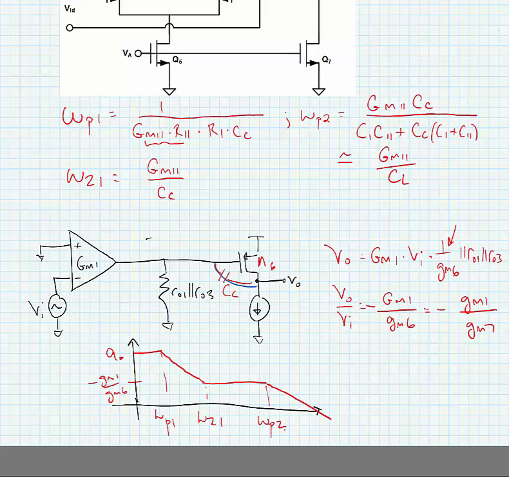Now, as we noted before, this is very problematic for an amplifier because the right half plane zero causes negative phase shift. And you can also see that it keeps the gain above unity.